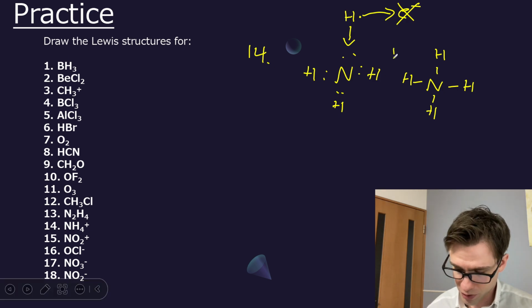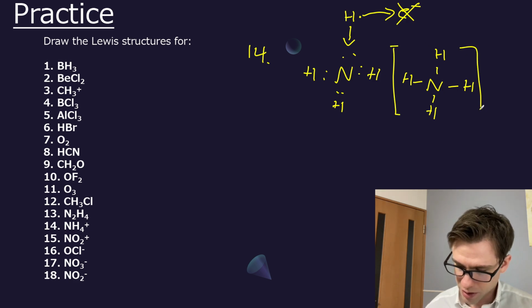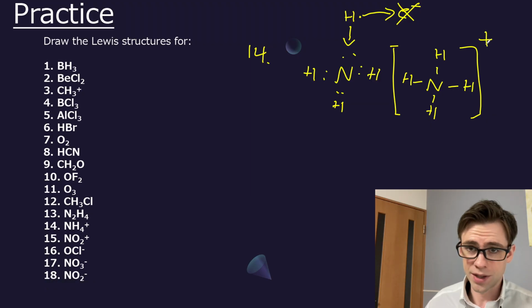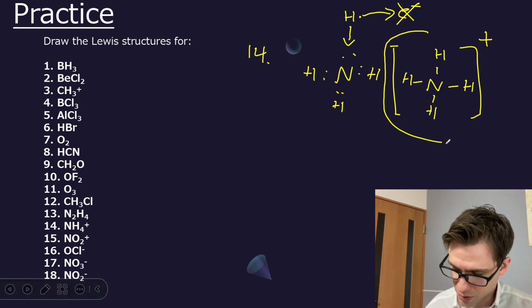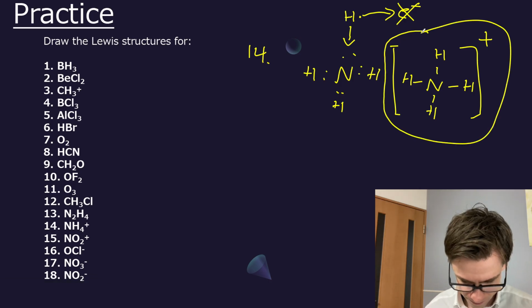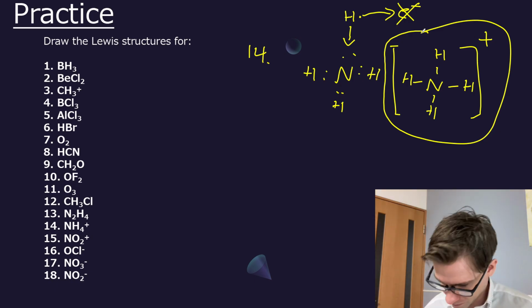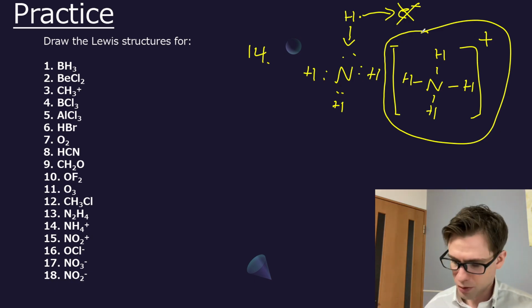So this whole structure gets the positive charge that used to be on the hydrogen above when we remove that electron. So this is the structure, and you do need to draw those brackets, or at least draw the positive charge on the nitrogen in the middle.